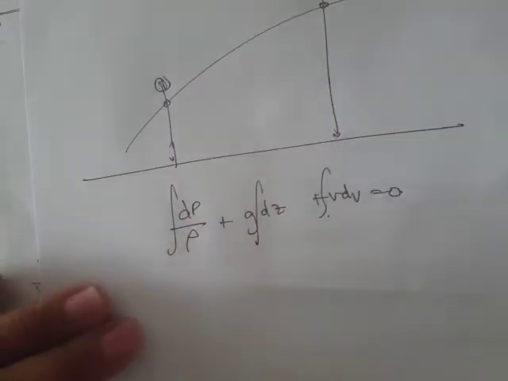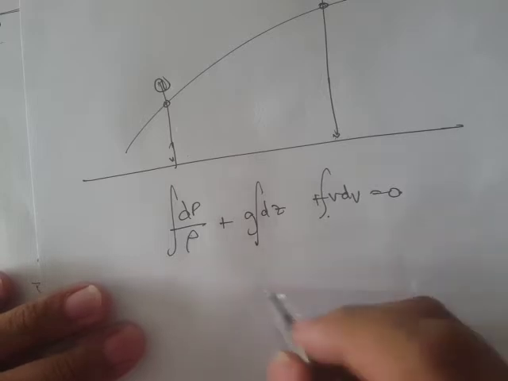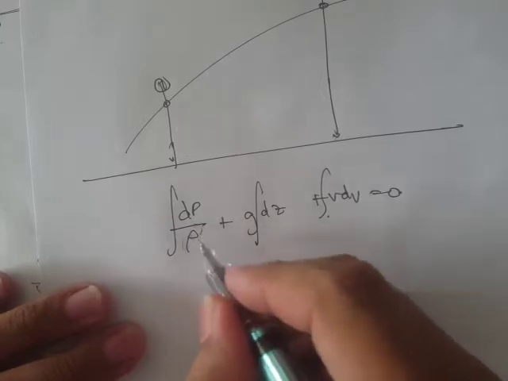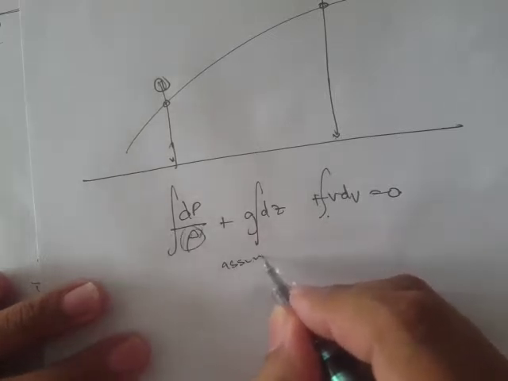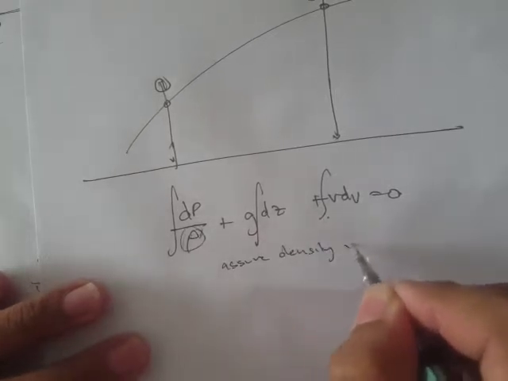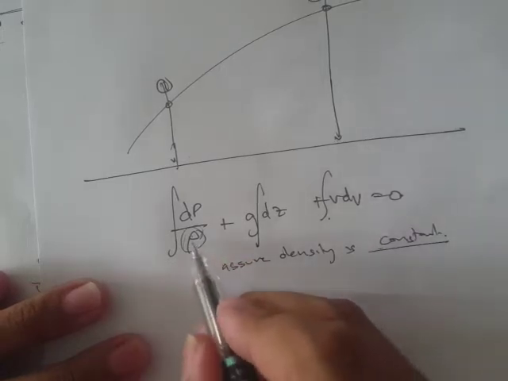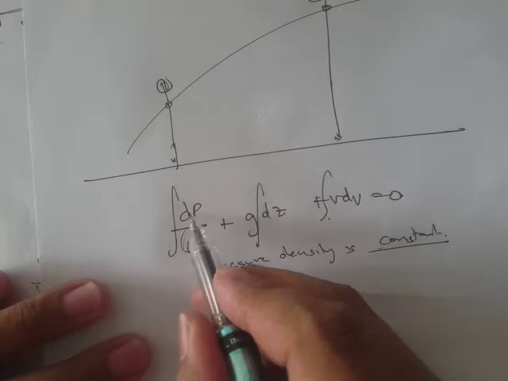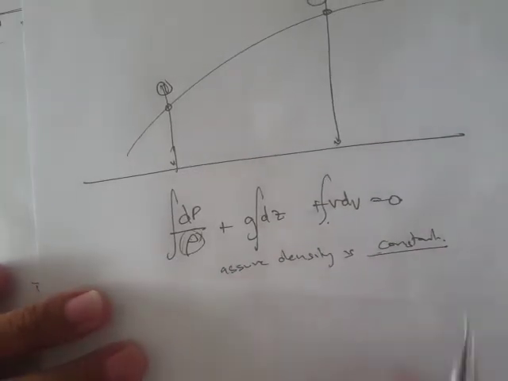Now, if we integrate this, we'll assume that the density is constant. Otherwise, you have to express density as a function of pressure in order to solve this problem.